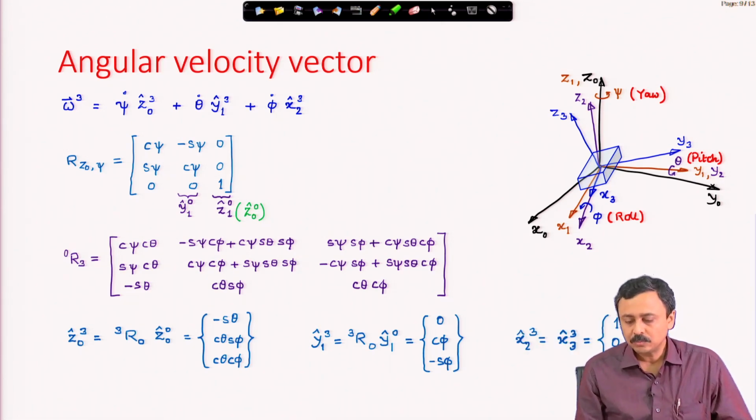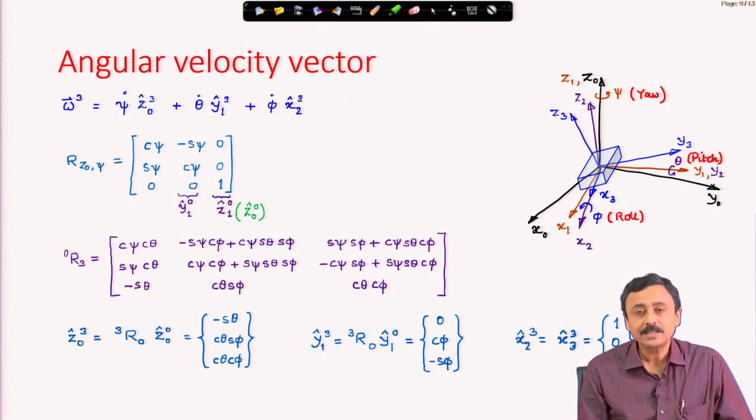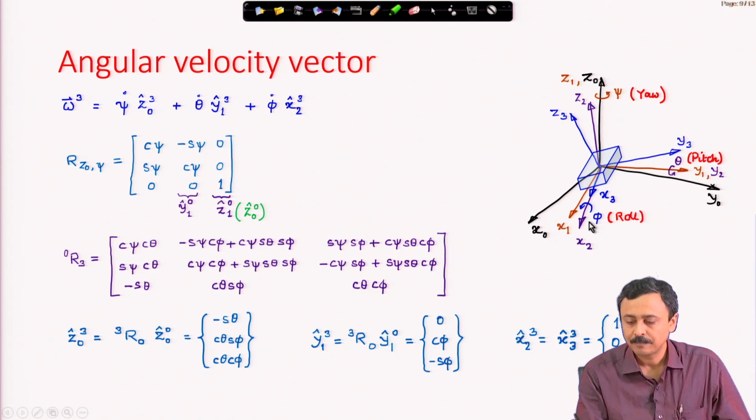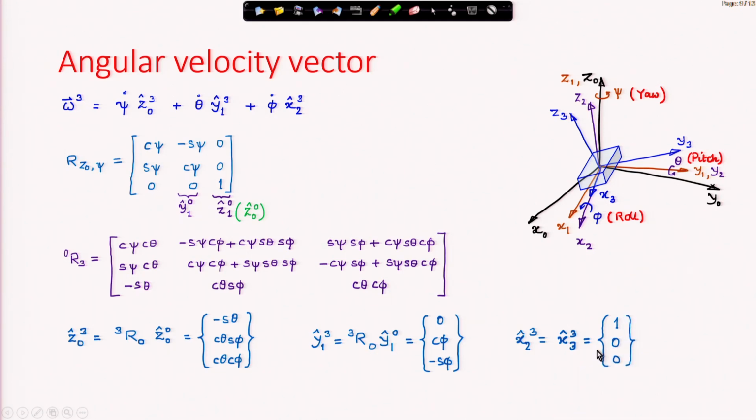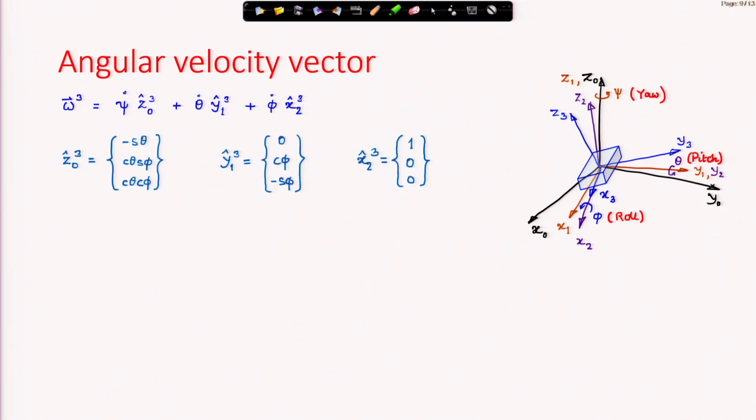And x 2 represented in x 3 y 3 z 3 is the same as x 3 in 3, because the last rotation, which was a roll angle rotation, was a rotation about x 2, and therefore x 2 and x 3 are identified. Hence x 2 represented in x 3 y 3 z 3 is the same as x 3 represented in x 3 y 3 z 3, which is 1 0 0.